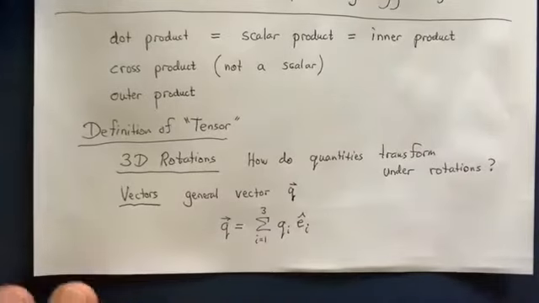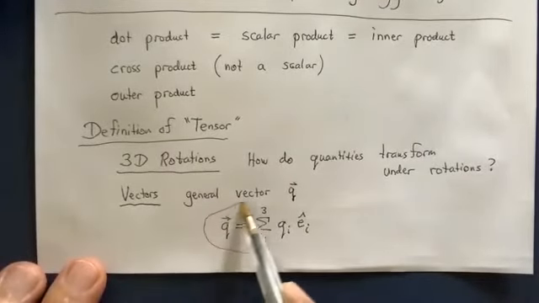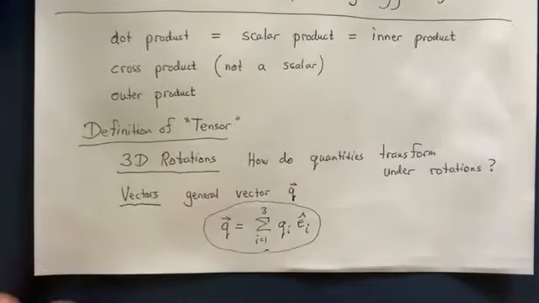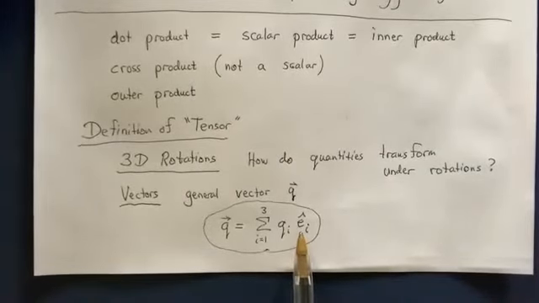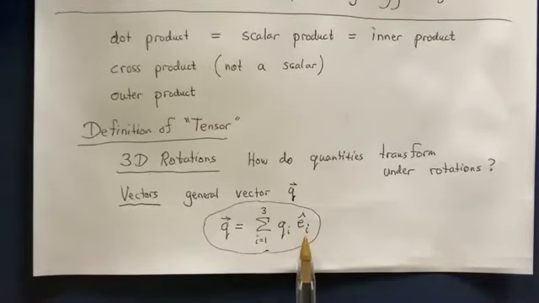Okay, and this is what it means to write the vector as a linear combination of basis vectors. So these e hat i, these are basis vectors. We think of some unit vectors. The index i goes from 1 to 3. So we have an e hat 1, e hat 2, and e hat 3. So 3 basis vectors. And an arbitrary vector can be written as a linear combination.